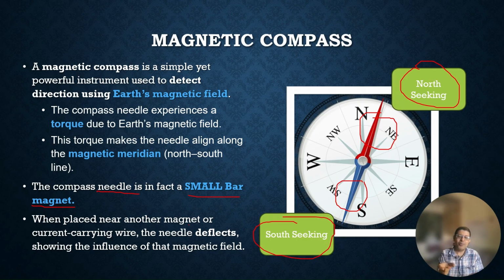But it will also help to identify whether there's any other magnetic field around us. So that means you will be able to identify, is there a magnet very nearby? So it will start to deflect very fast. Okay, it will show strong deflection. That's how you can identify whether there is any magnet hidden in the drawer or any other location in your home. And that's how you can also identify that the Earth also is a magnet by itself.